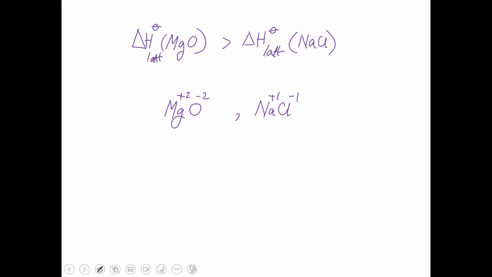Secondly, Mg+2 is smaller than Na+1. Now you have to copy this.